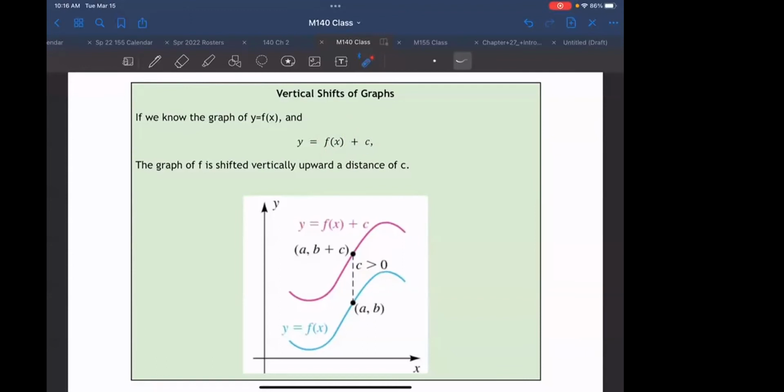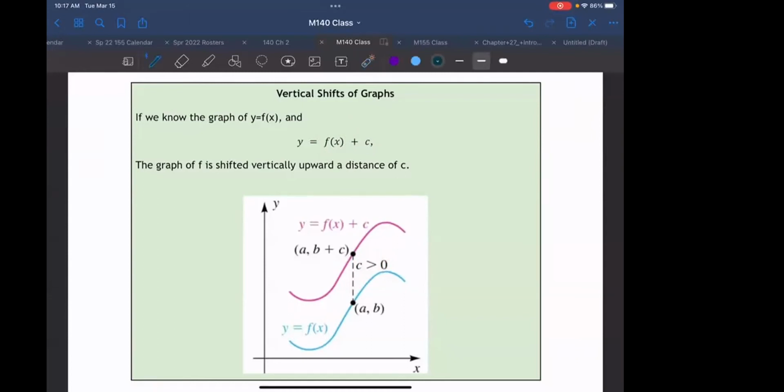Notice that this number is set away from the function, and this becomes important a little bit later on. If we see this, the graph is going to be shifted upward by c, by any number. So all the points of the graph are going to be shifted upward, and we're going to have a new graph that's above our original graph.